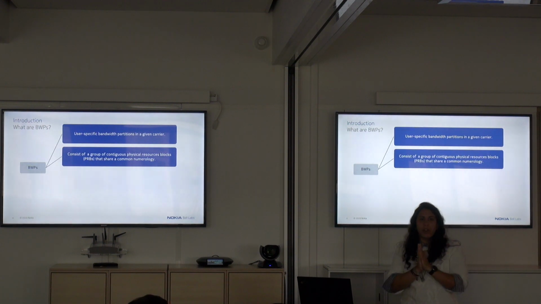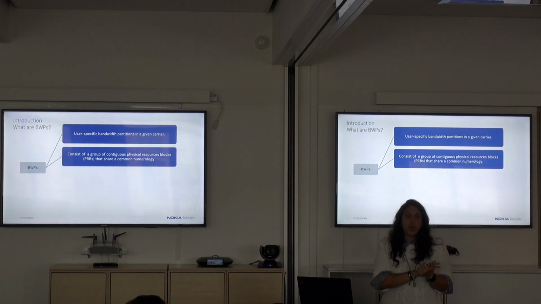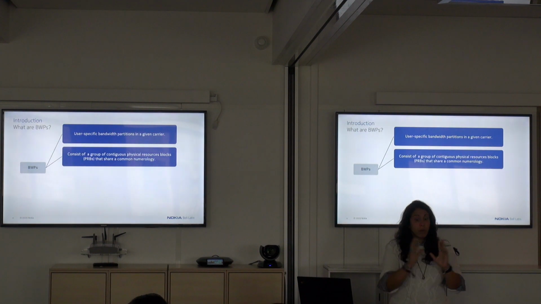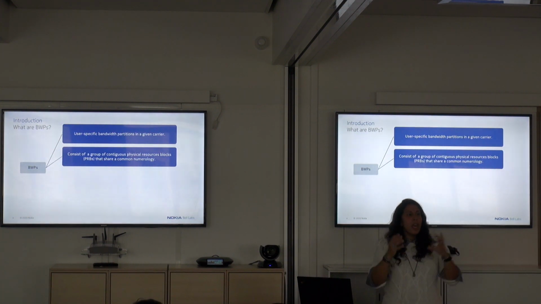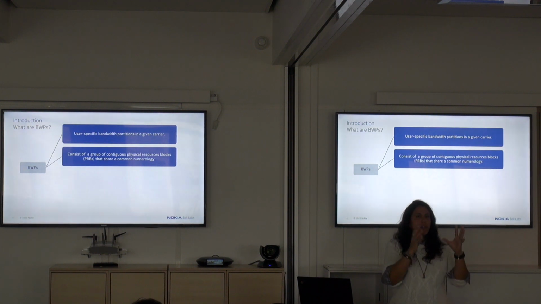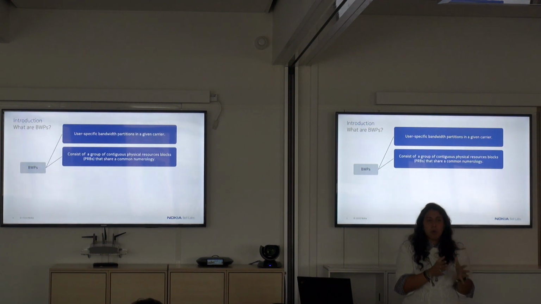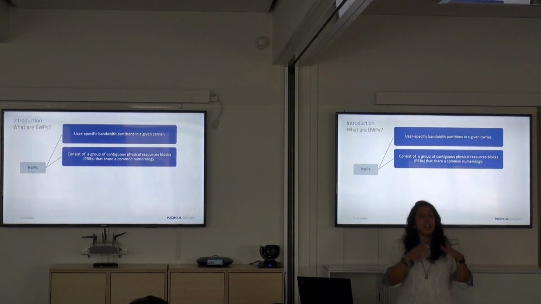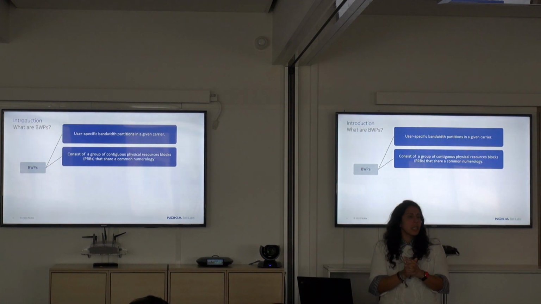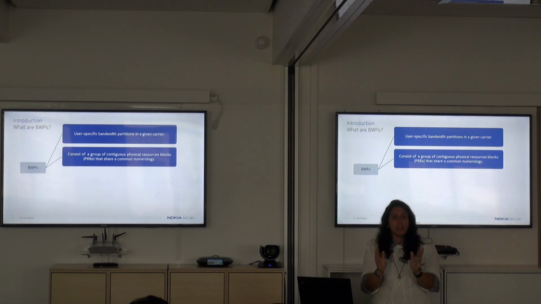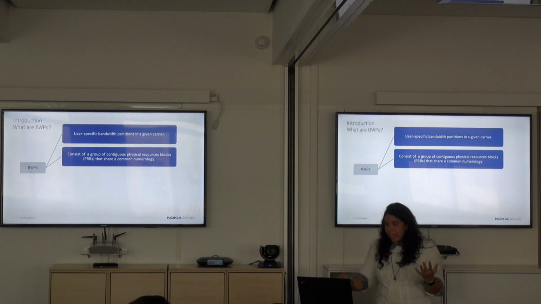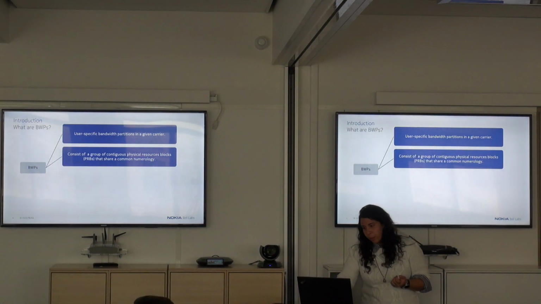Okay, so as I mentioned before, we have 5 numerologies, and depending on the frequency range they use, some of them are allowed and some others are not by the standard. Then the network knows that and will say, okay, if you have enhanced mobile broadband service, then I will assign you a chunk of frequency with this numerology, and that will be your bandwidth part. And then for another user that probably has URLLC, it would be another chunk of frequency with another characteristic. And that's how we define a bandwidth part.